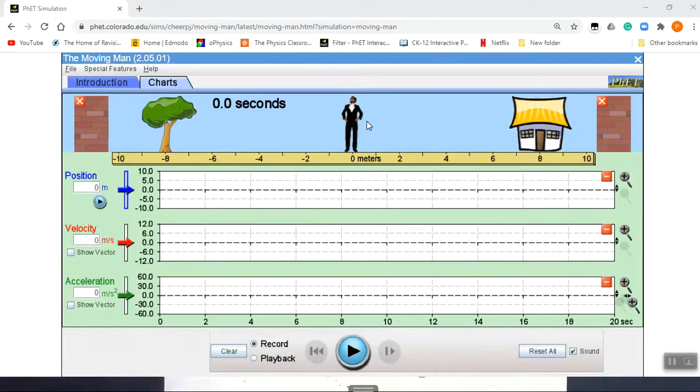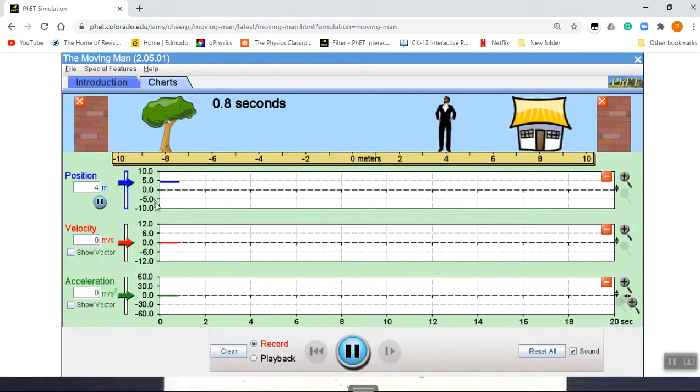In this simulation, the person is standing still. So he is at 0 meters. I'm going to move him to a different location. I'm going to say he's going to stand at 4 meters. So he's at a constant position at 4 meters. If we start the clock, we're going to see the following.